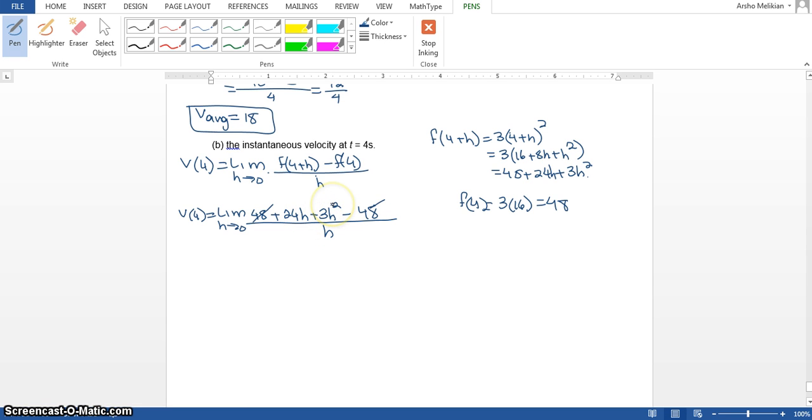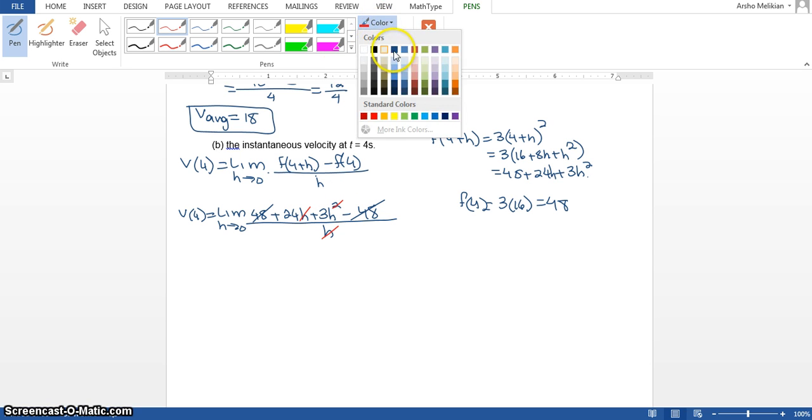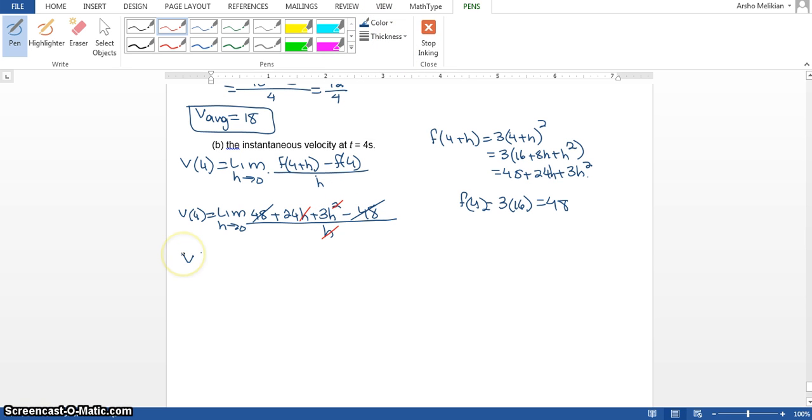The 48s will go away. So will some of the h's. So this h will cancel with this and with this. So finally, I have that v of 4 is the limit as h approaches 0 of 24 plus 3h. Okay? And v of 4 is what? 24.